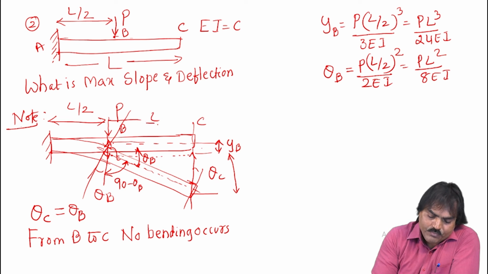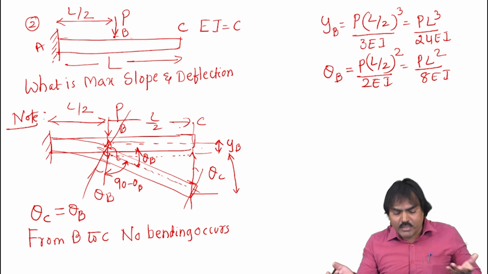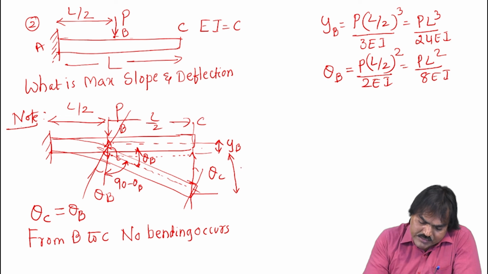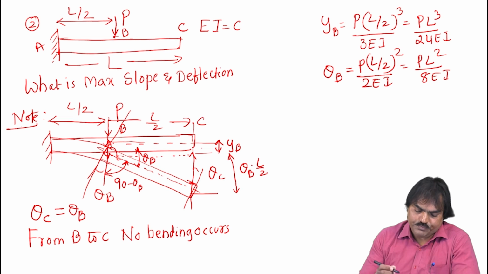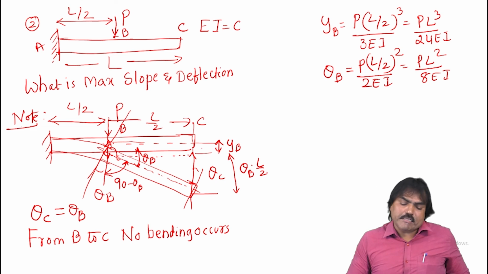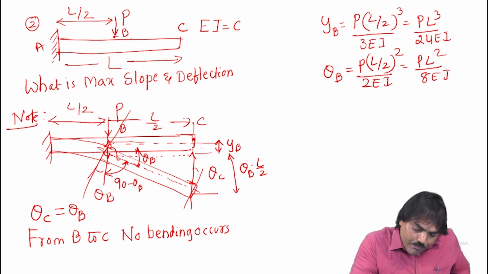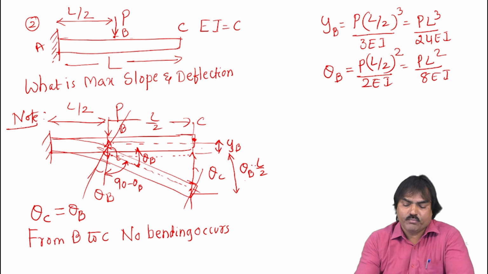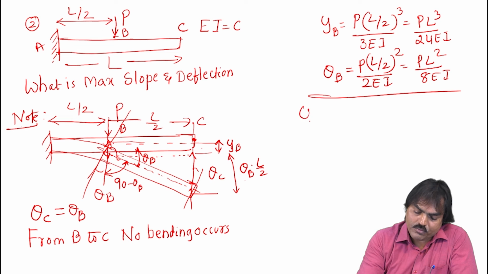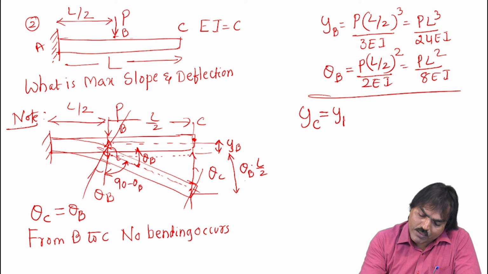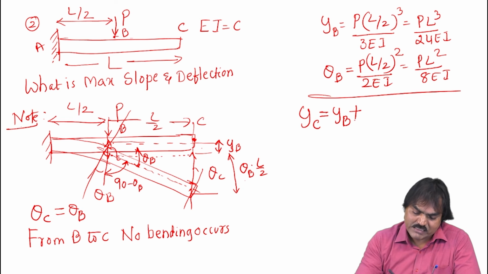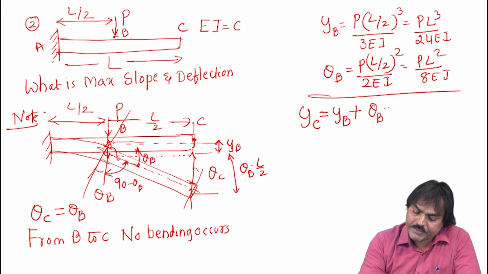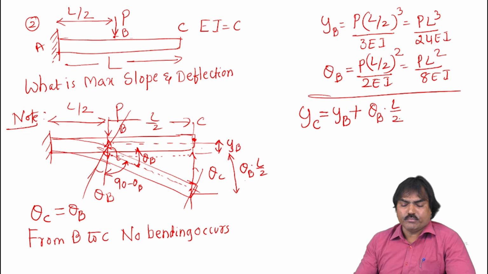This length is L by 2 because L is the total length of the structure. So this becomes theta B into L by 2. Now what is the total deflection at C point? From here to here, that is YB plus theta B into L by 2. So therefore YC, the deflection at C point, is equal to deflection at B point plus slope into L by 2.